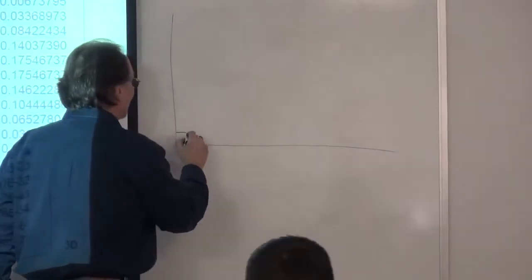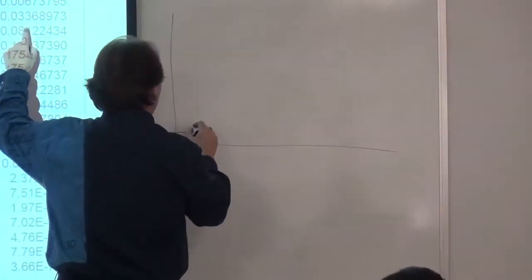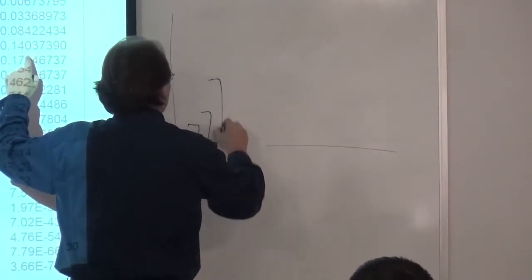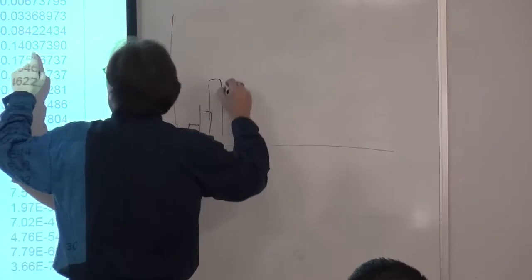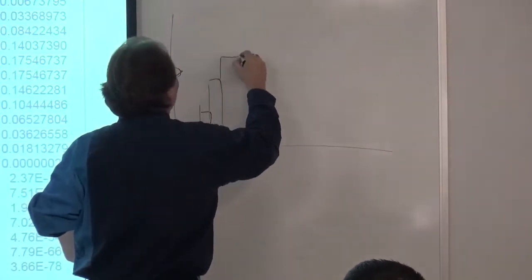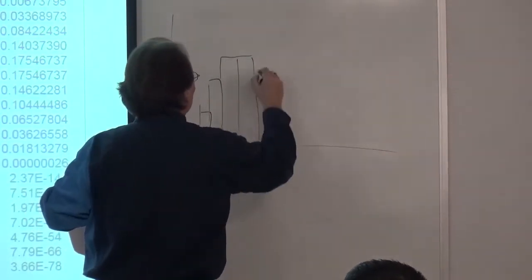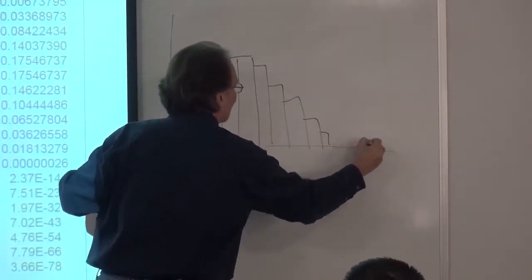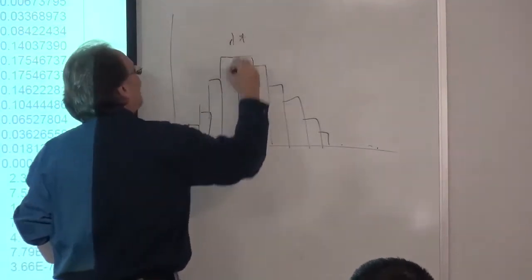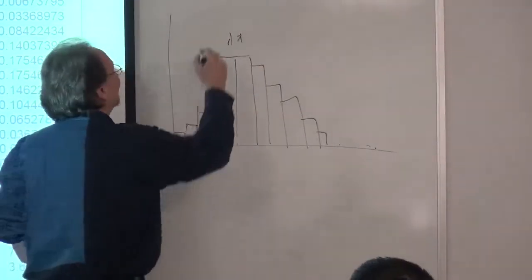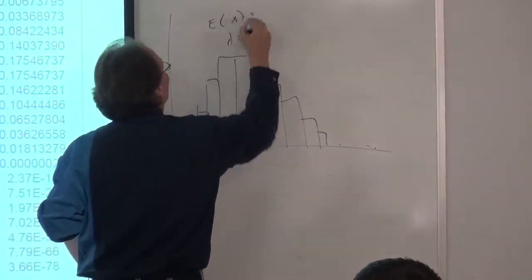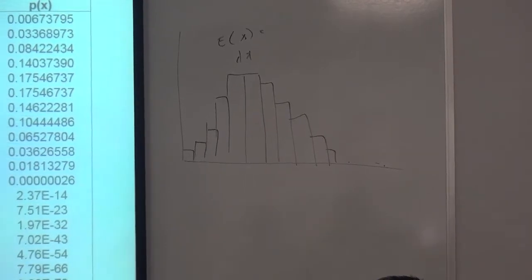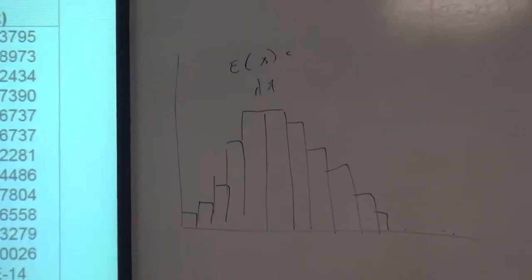So we end up with something very small, and then it gets a little bit bigger, and a little bit bigger, and then it peaks at about lambda t, and then starts getting smaller again, and so on. So this is lambda t, and remember that's the expected value. And that will move back and forth depending on where your lambda t lies.